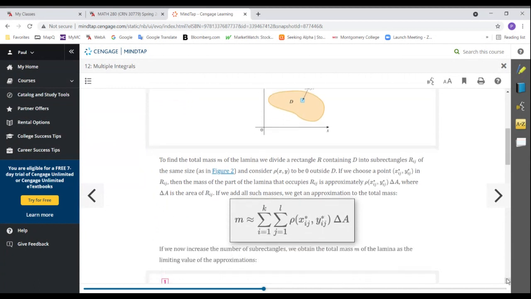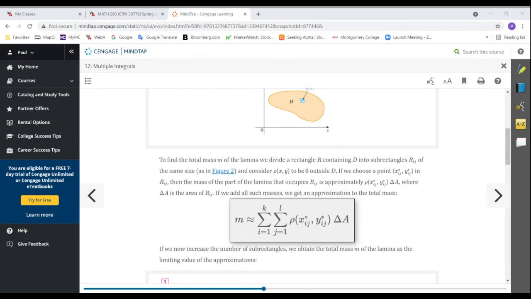And if you were to do that, then the mass of the lamina would be equal to the double Riemann sum of the density at each point times the piece of area at each point.